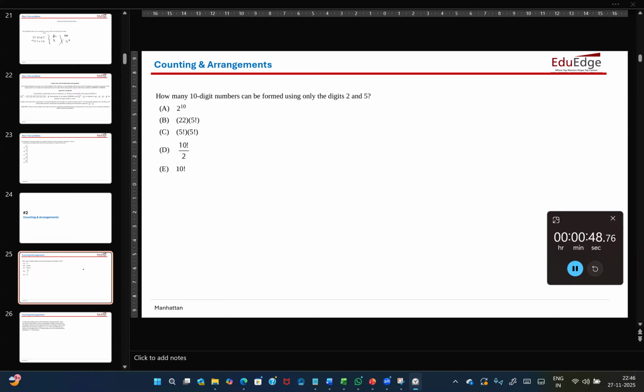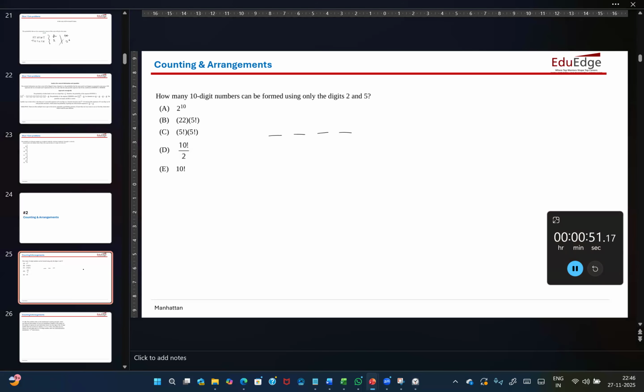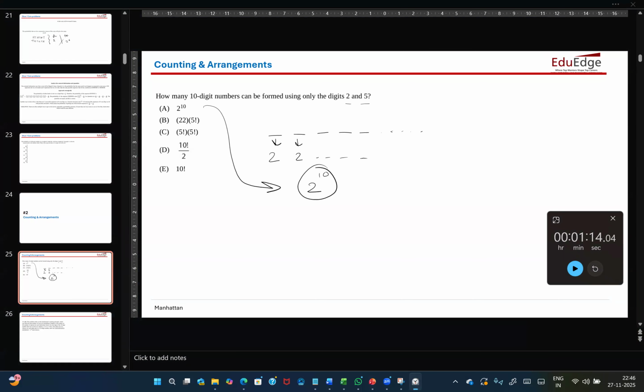So how many digits are there? 10. And each digit can be filled in how many ways? 2 or 5, 2 ways. So what is the answer? 2 raised to 10. Yeah, that's the answer. There's no other constraint.